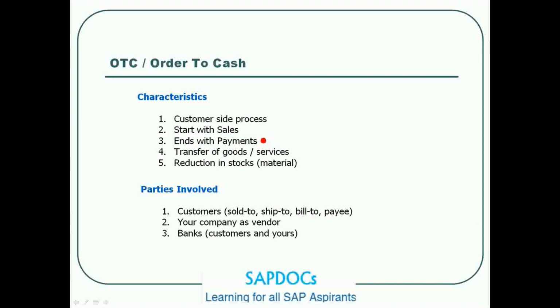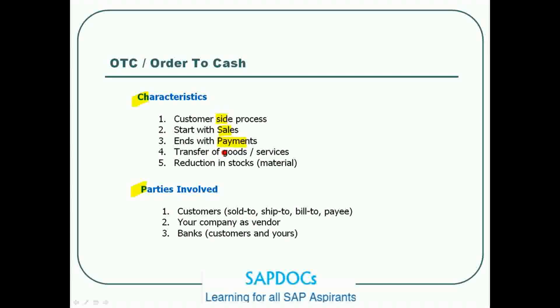For the order to cash, let's review the characteristics first, and then we will see who are the parties involved. Characteristics for OTC is a customer side process. It starts with sales. It ends with payments.